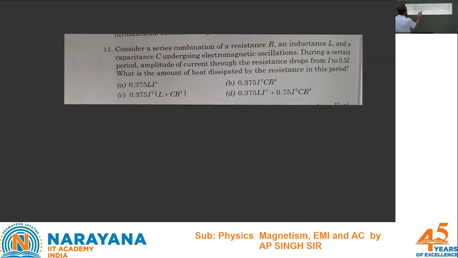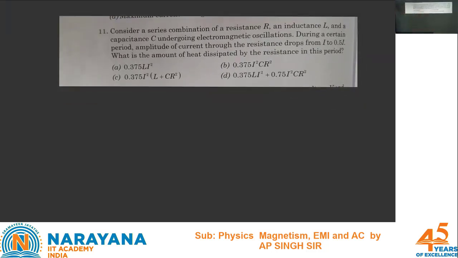This is a standard combination, a circuit which comprises of a resistor, an inductor, and a capacitor. There is no input given, but the signal, the current charges in the circuit are electromagnetically oscillating.